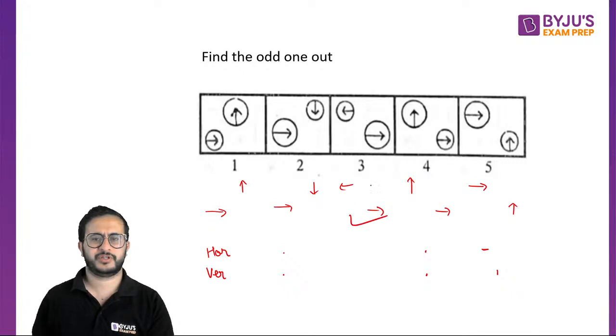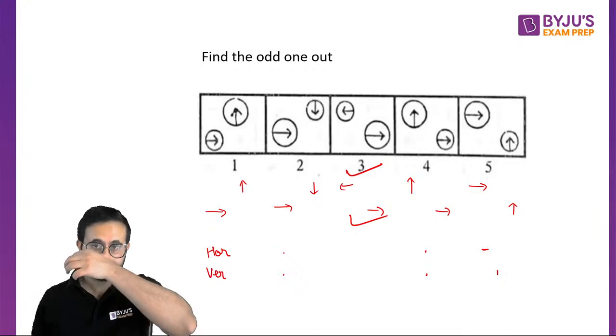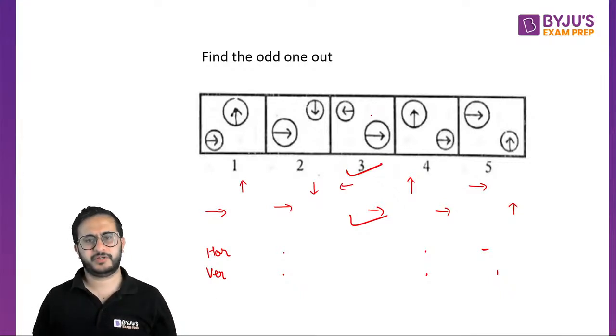This has both horizontal arrows. Okay, both are in horizontal direction. That is the reason you can say that it is the odd one out.